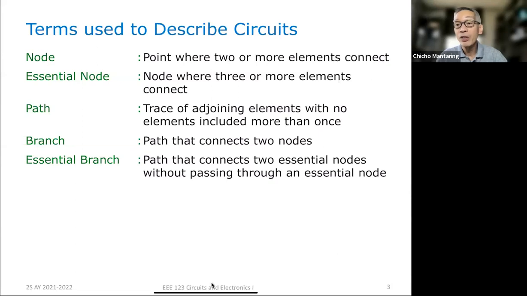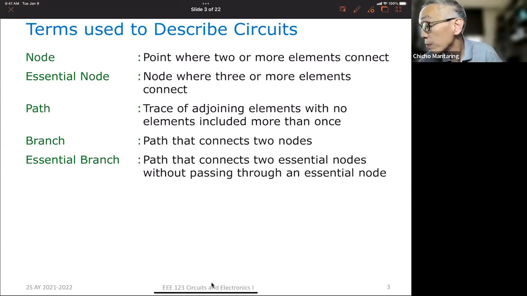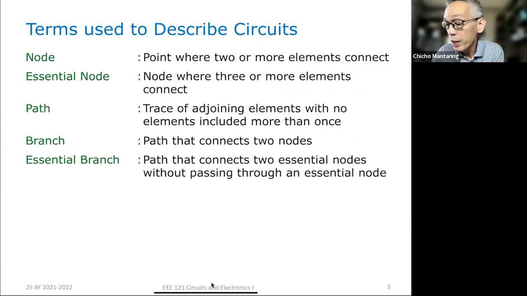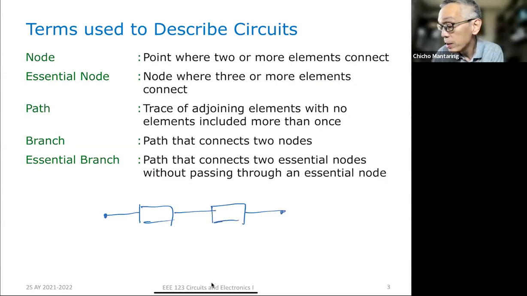Okay. So, for example, again, let me draw an example. Let's say this is one node. This is another node. So this is non-essential because there are only two elements connected to it.